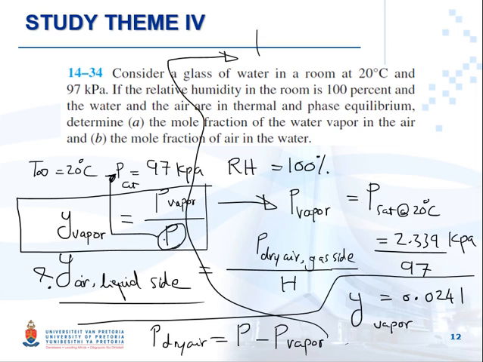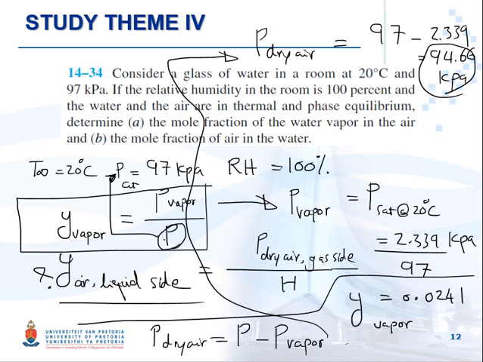So the pressure of dry air is equal to 97 minus 2.339. This will be 94.66 kilopascal.